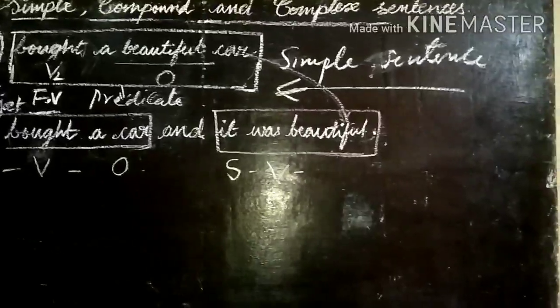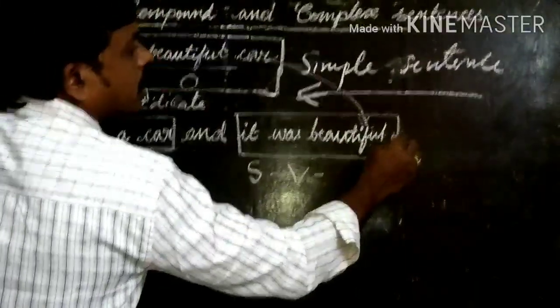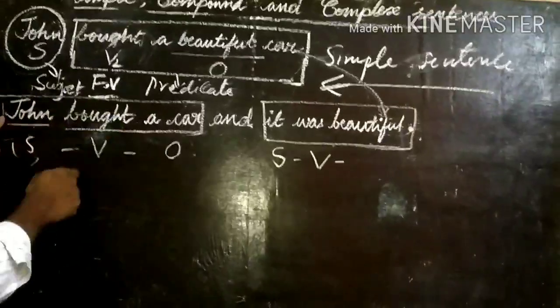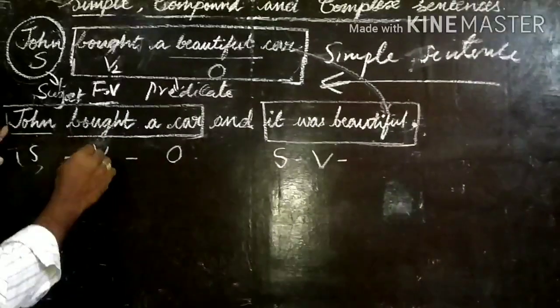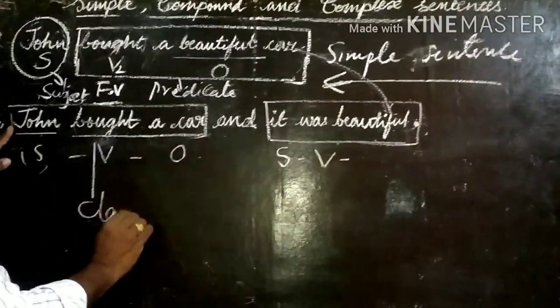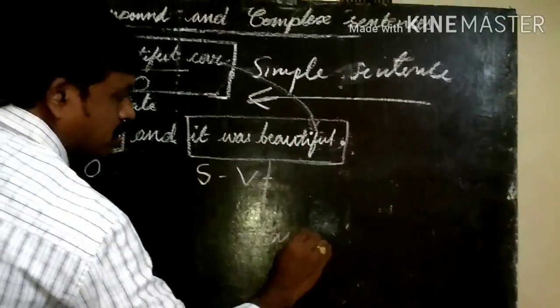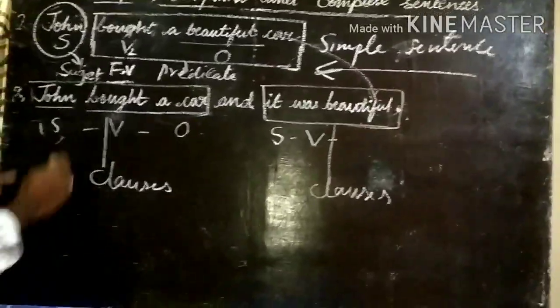Here, "John bought a car and it was beautiful" altogether is said to be a sentence. This sentence in turn has two sentences. They are called clauses. That means the sentence has two clauses, right?